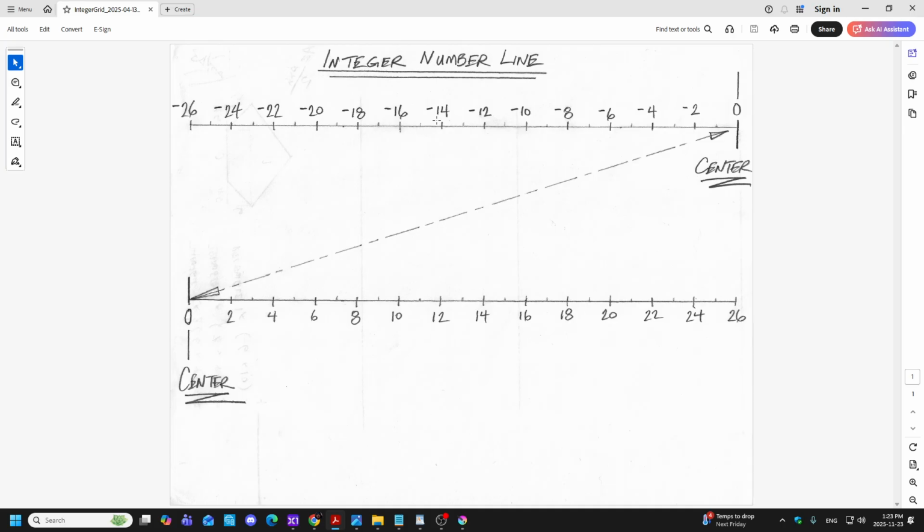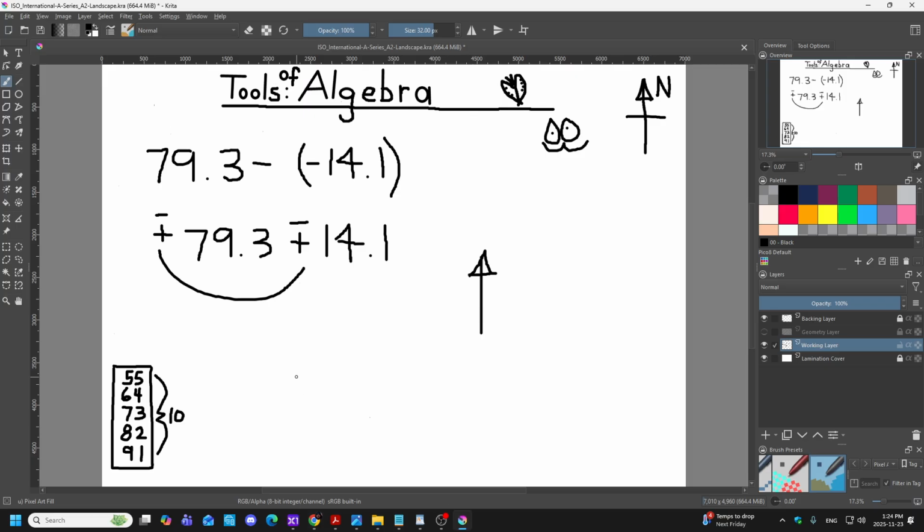If you have two negatives, we're increasing to the left. It's still increasing, it's just in a different direction. That's all it is, guys and gals. All right, let's continue.